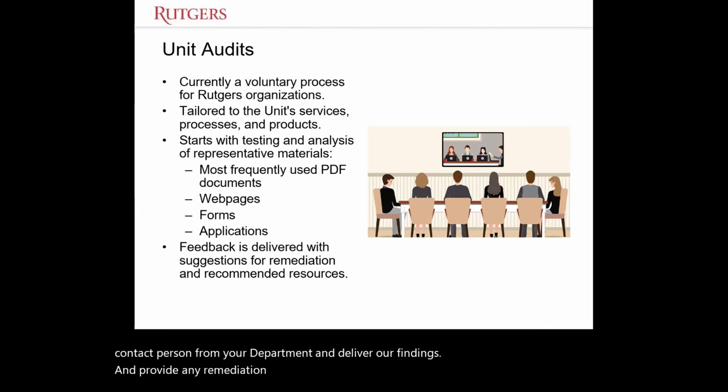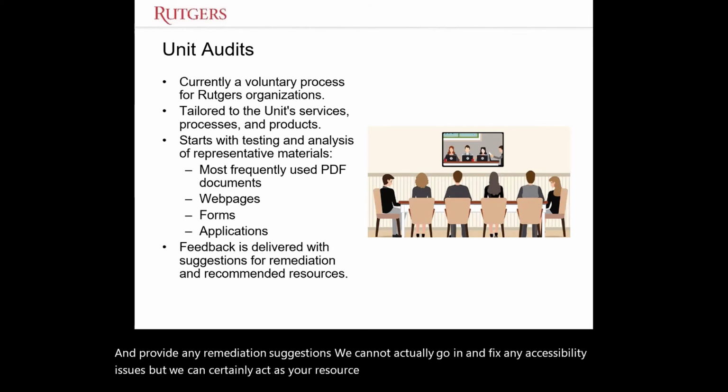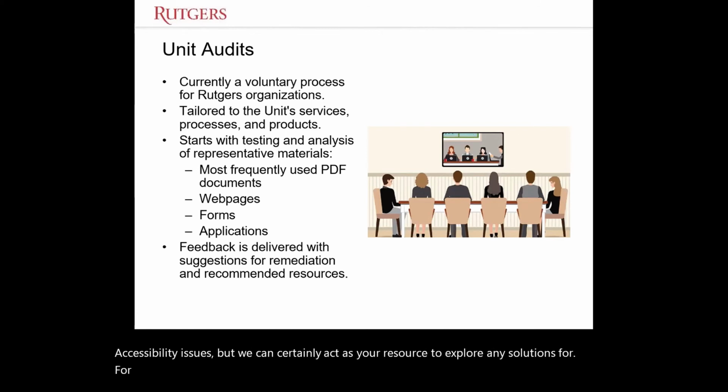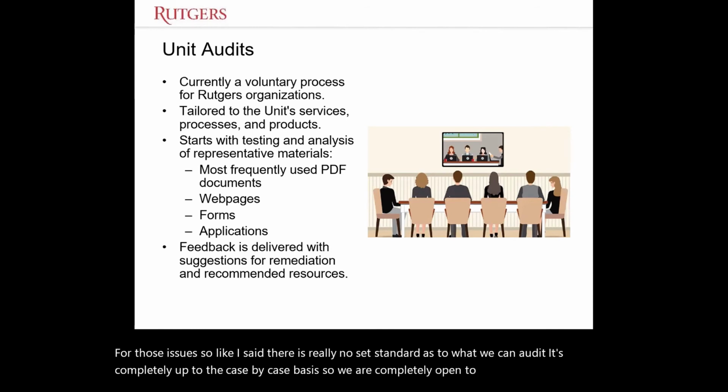We cannot actually go in and fix any of the accessibility issues, but we can certainly act as your resource to explore any solutions for those issues. So like I said, there is really no set standard as to what we can audit. It's a case-by-case basis. So we're completely open to whatever you would like us to look at.